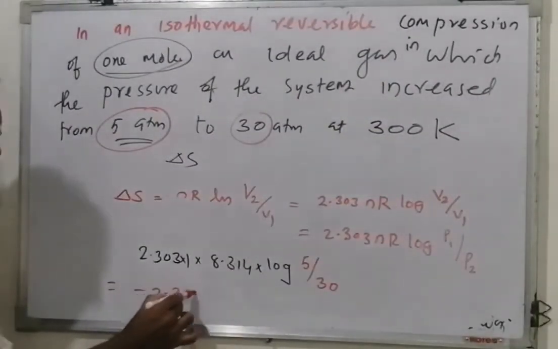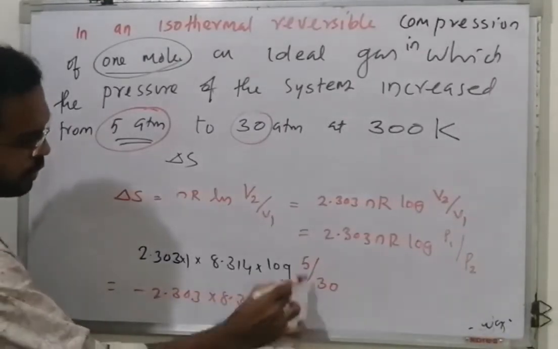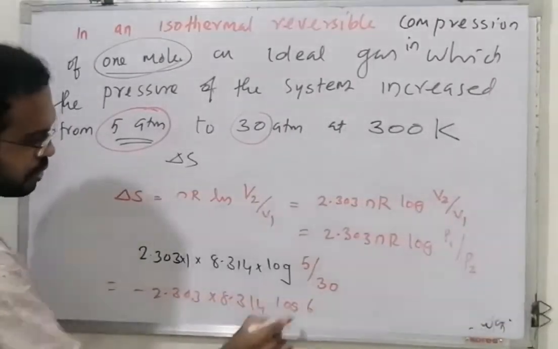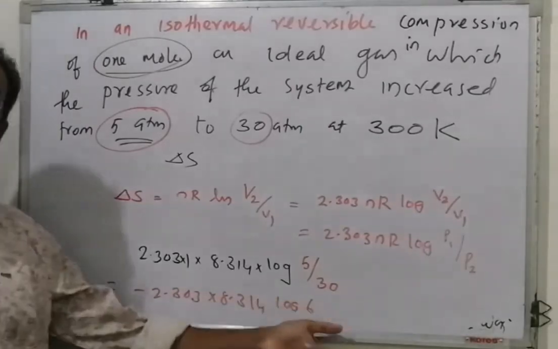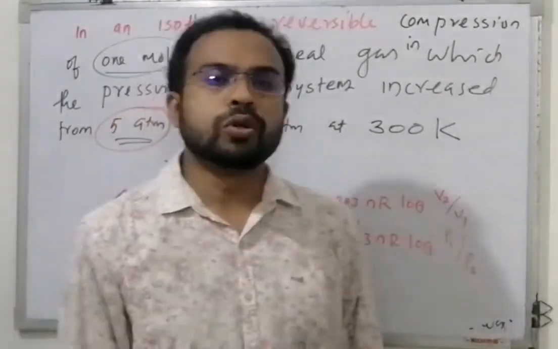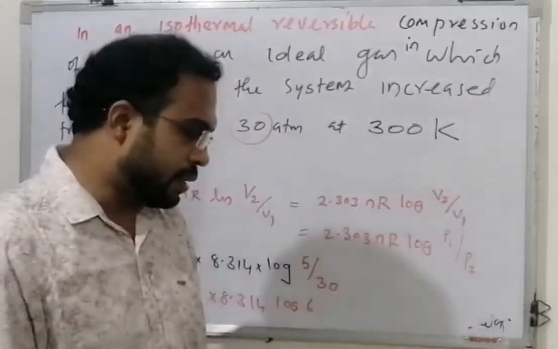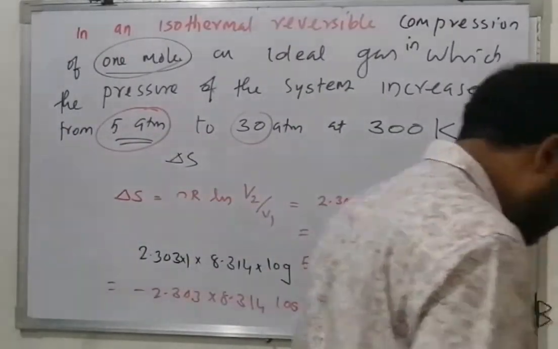Minus 2.303 into 8.314 into log 30 by 5, that is log 6. Here you will get a negative value, because during compression entropy decreases. I hope this problem is okay.